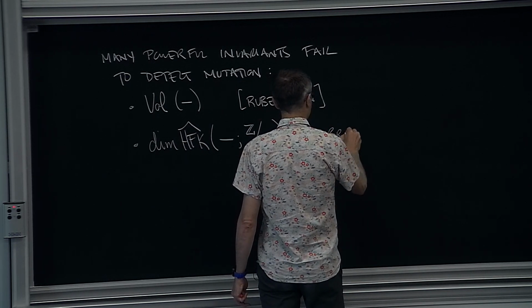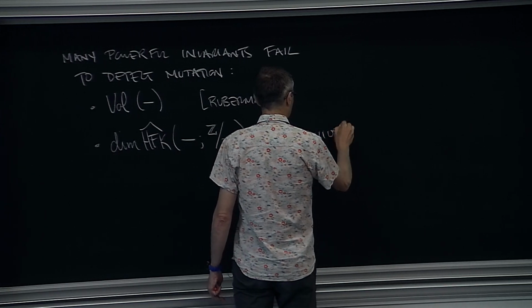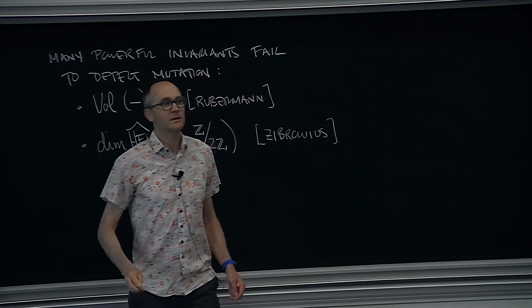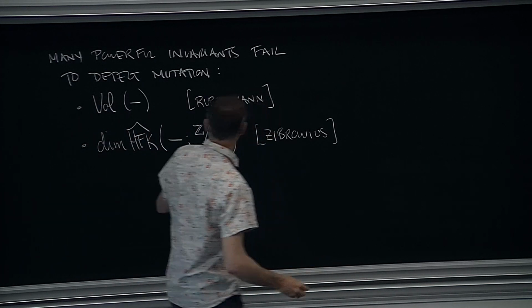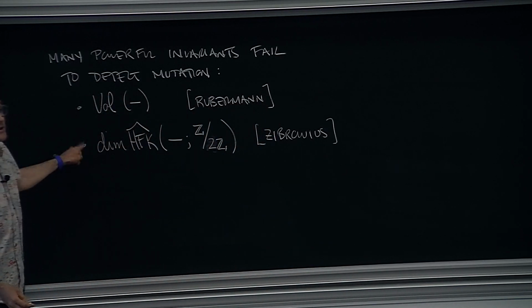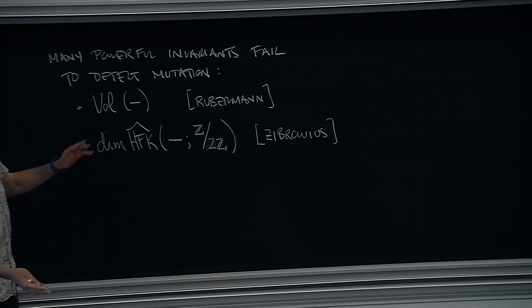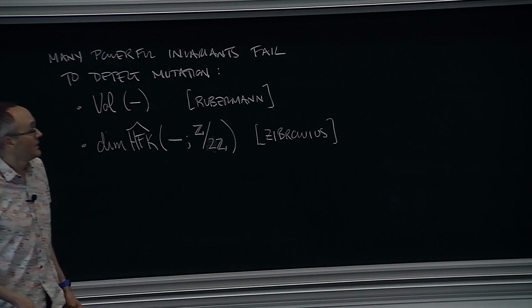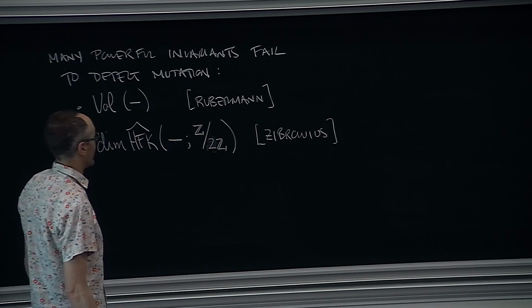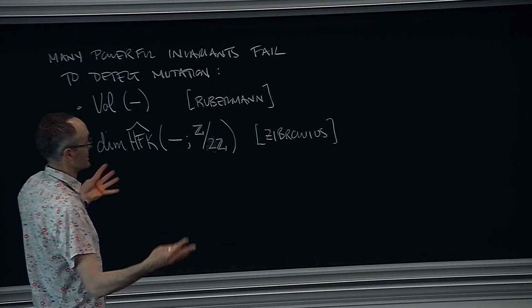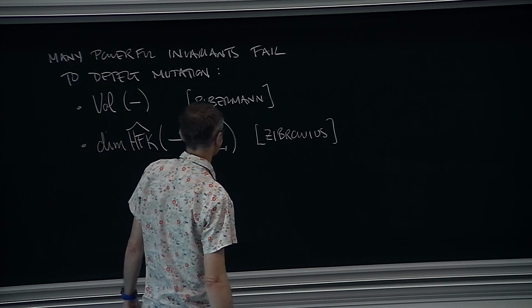And this is a result of Zabrovius, who I saw out for a run this morning. He's not yet here, probably because I told him not to come. But you can ask him about this. There is overlap with what I'm talking about and these kinds of tools, and he said he'd also be available in some of the tutorials, so you can ask him about what I'm lecturing, but also about certain tangential issues.